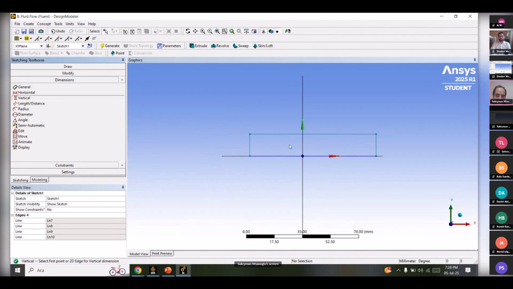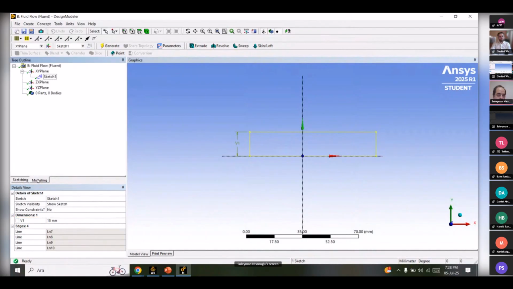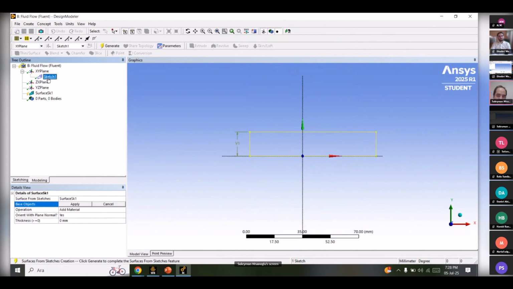Click dimension and give a radius for this one, for example, 15 millimeter radius of the pipe. And click concept surface from sketch and select this sketch 1. Here, this operation must be frozen because the pipe is a fluid material, inside the fluid material, water.